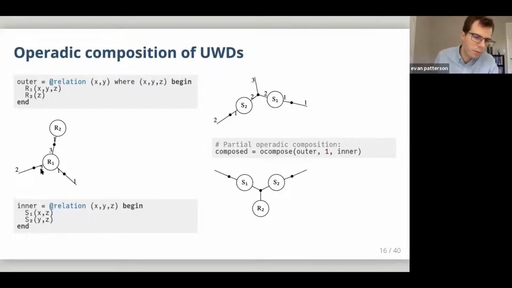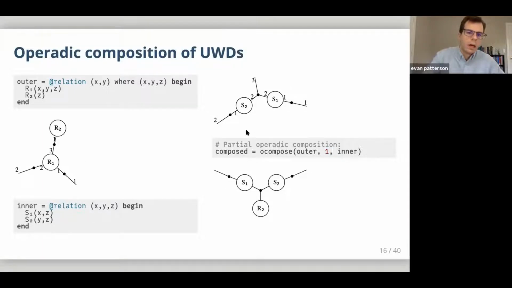I've explicitly labeled both the ports of the boxes and the outer ports so that you can see which things are going to get glued to where. The outer ports labeled 1, 2, 3 on this diagram are going to end up going to 1, 2, 3 of R1. When you do this, o-compose is what it's called in CatLab for operadic composition, at position 1, you get the result of substituting this diagram in for R1.